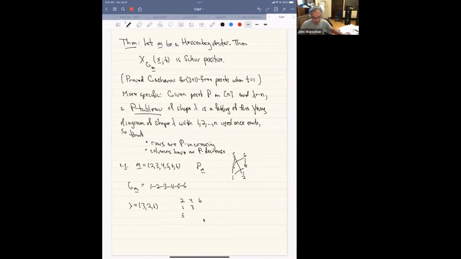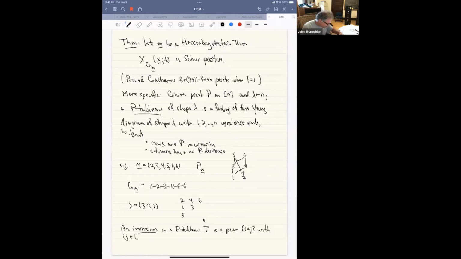Now associated to this, we need a statistic, an inversion. In a p-tableau, let's call it T, an inversion is a pair I less than J, with I and J incomparable.